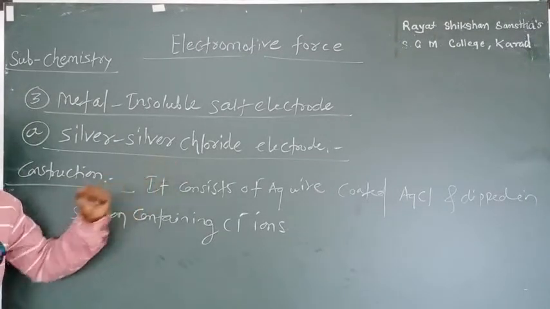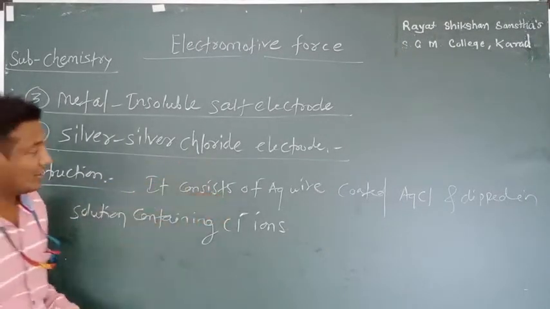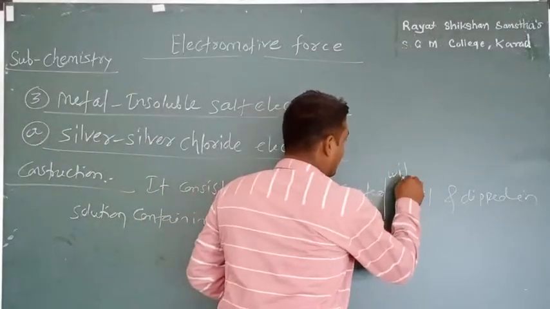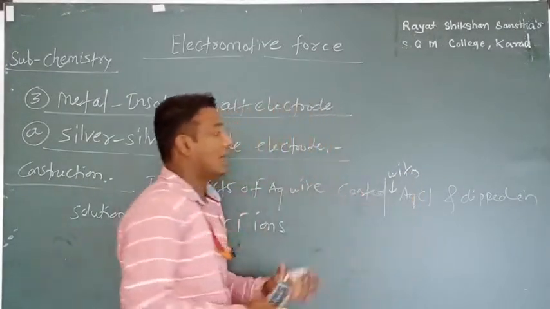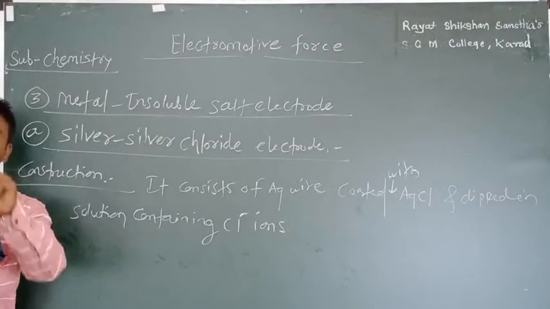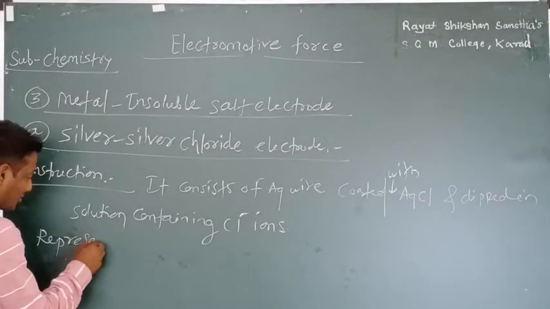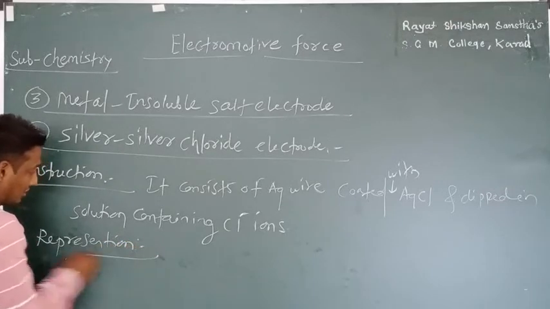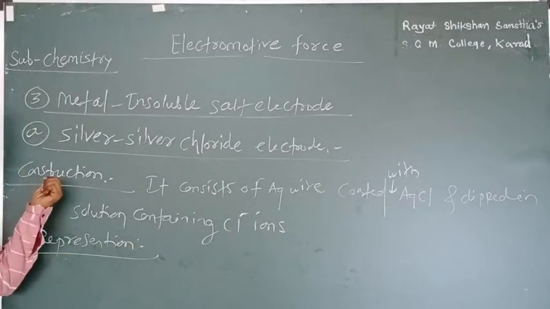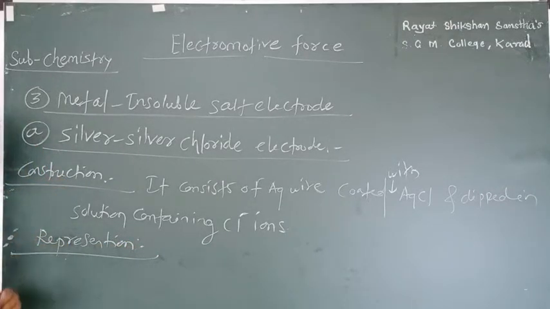It consists of silver wire coated with silver chloride and dipped in solution containing Cl minus ions. Then representation. First we have written down the construction, then representation. How we represent this type of electrode?